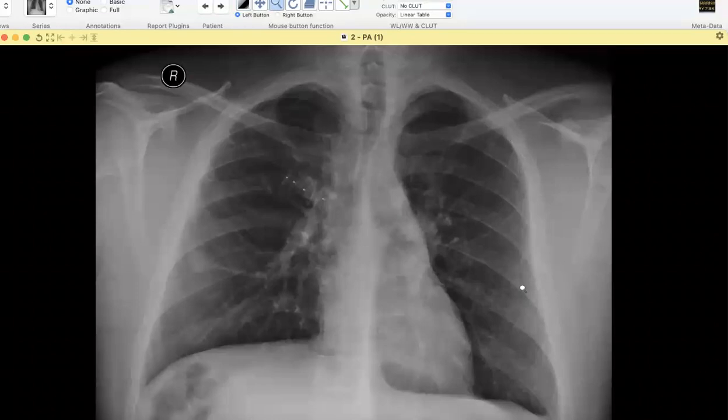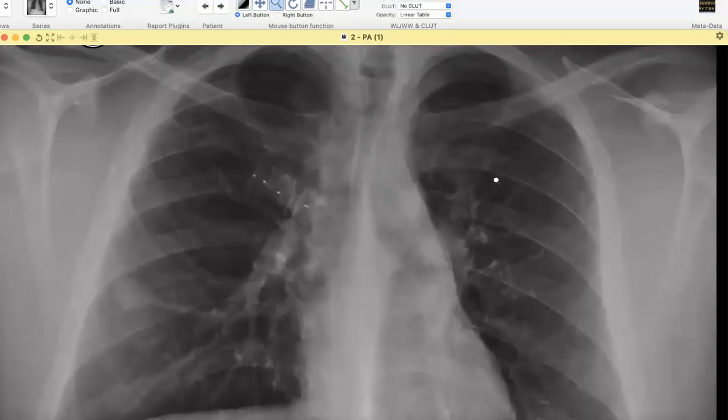Well, there are a few well-defined tiny metallic density opacities that are arranged horizontally along the long axis of the anterior adjacent rib.